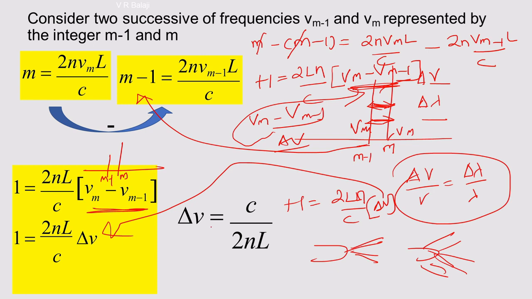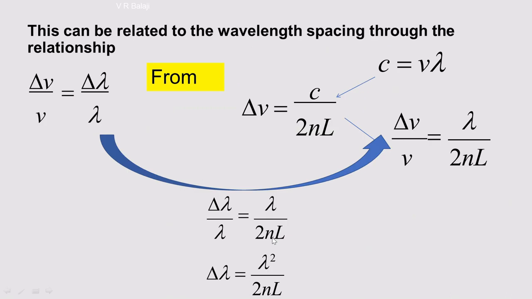From this understanding, if we rearrange the equation, del v equals c by 2nL. That is, the frequency spacing is c divided by 2nL. With this, we go to the next relation, as I said earlier: del v by v equals del lambda by lambda.